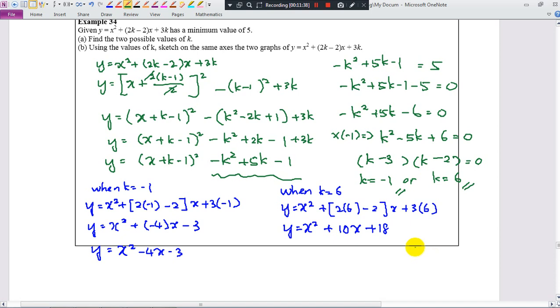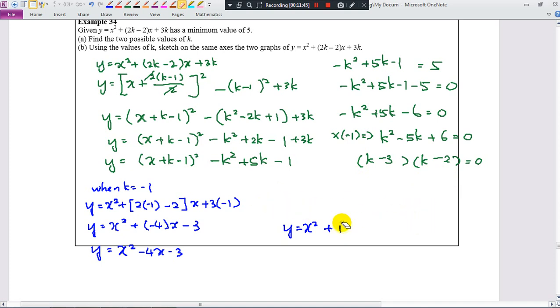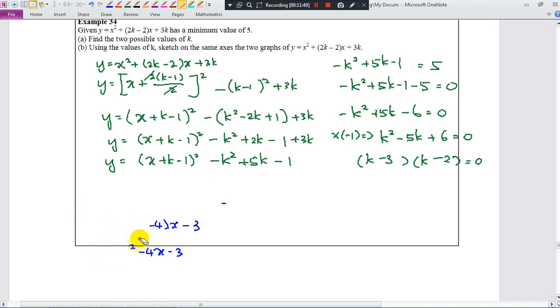Correct. So I have to redo this. This is not correct, sorry. So k is equal to 3 or k is equal to 2.